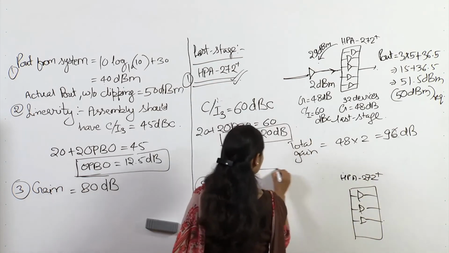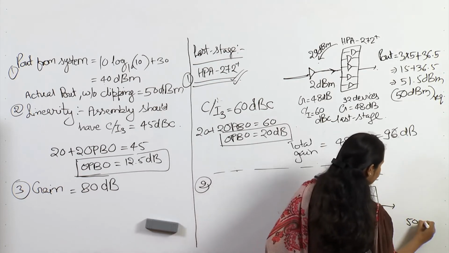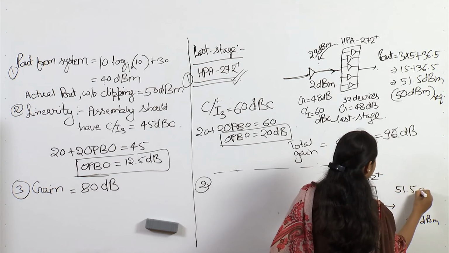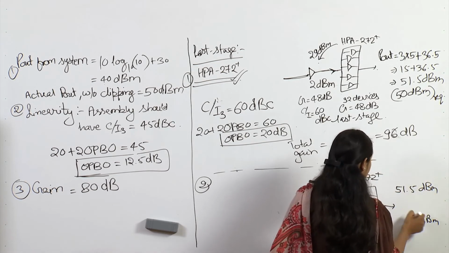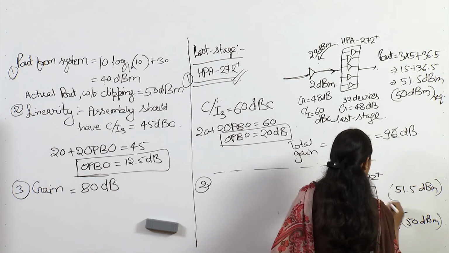Okay, so we are talking about solution 2 here, and we want 50 dBm and we are getting 51.5 dBm, which is better than this, so it is good. So, it is the required one and it is achieved.